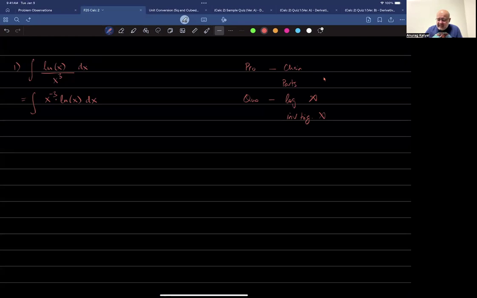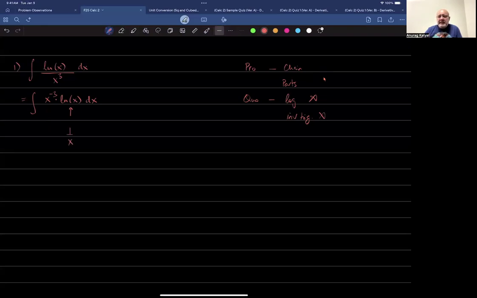Now we can say, okay, is this a chain rule problem? Is this undoing a chain rule? And that will always be the case if the derivative of part of the problem is in the problem itself. That means take the derivative of x to the negative 3. Using power rule, you're going to get negative 3x to the negative 4. That's not in the question, so this is not going to be the derivative of the inside. If I take ln x to be the inside, well, the derivative of ln x is 1 over x.